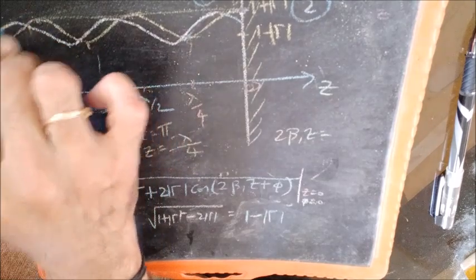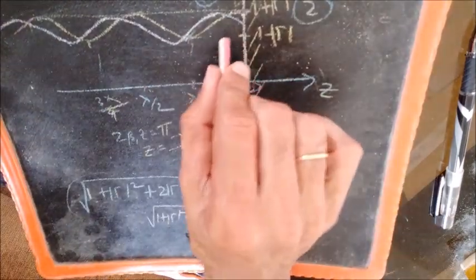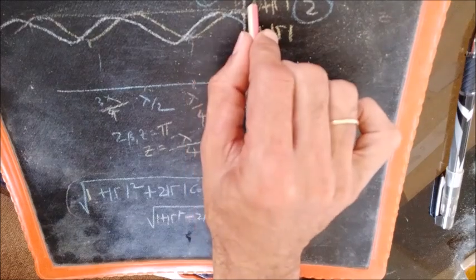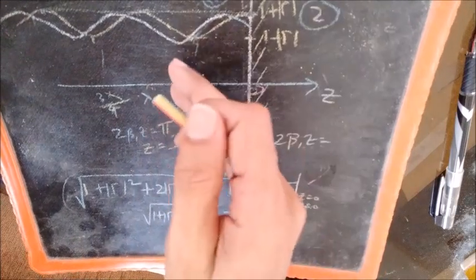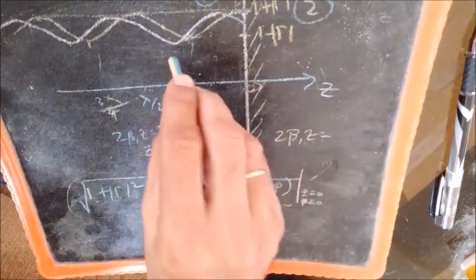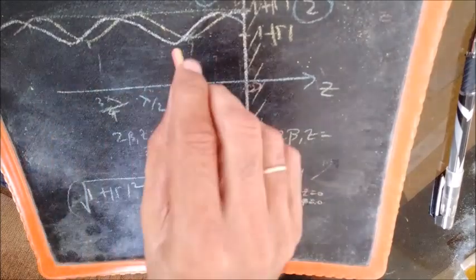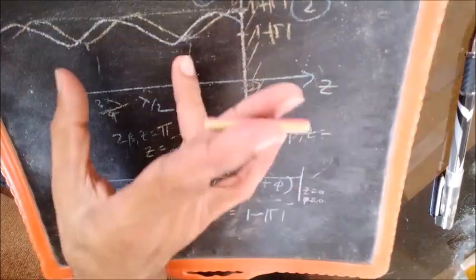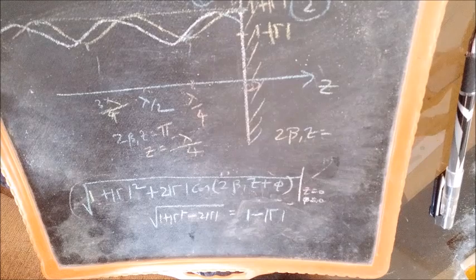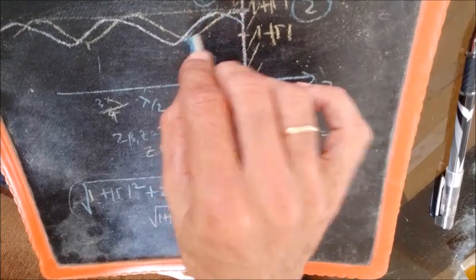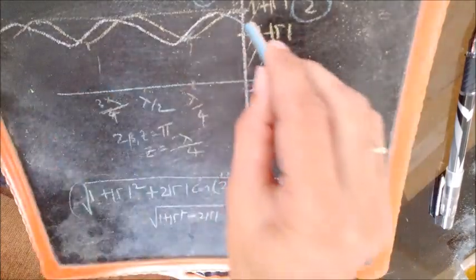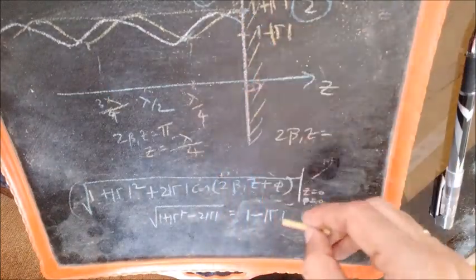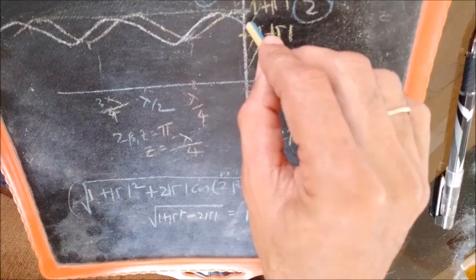But this basic behavior of the distance between two peaks being lambda by 2, or the distance between two dips, is the same. Successive peaks are lambda by 2 apart, or the distance between peak and the low will be lambda by 4. So this pattern will be the same, but if phi is 0, you will have the peak here. If phi is not 0, it will be shifted.